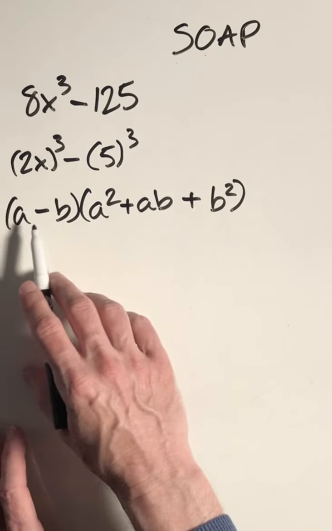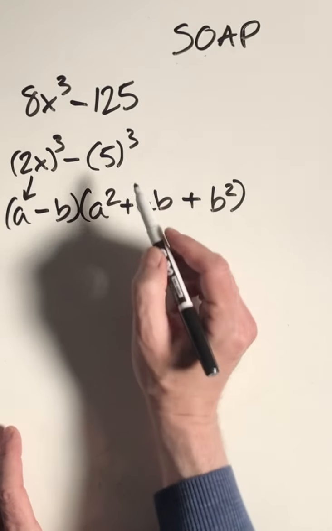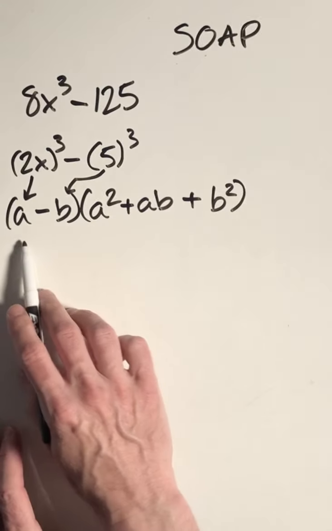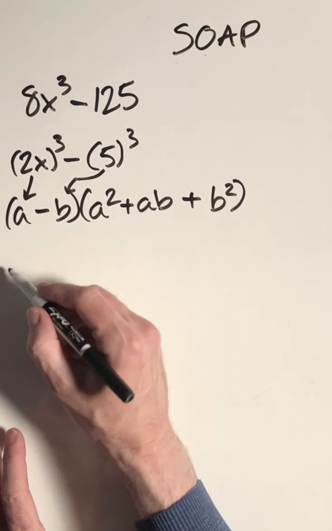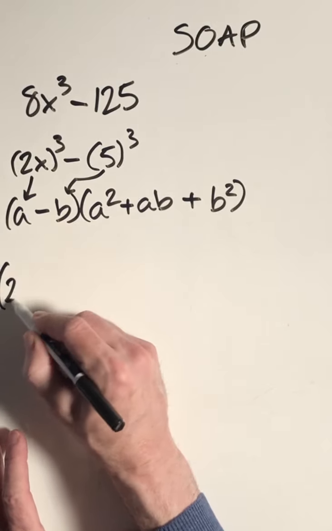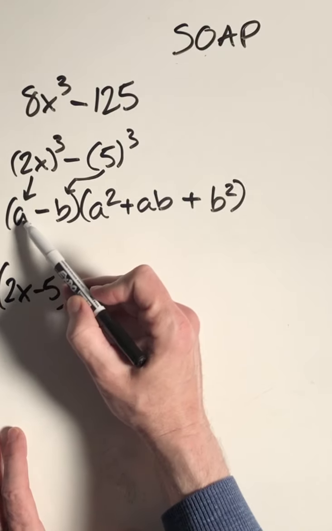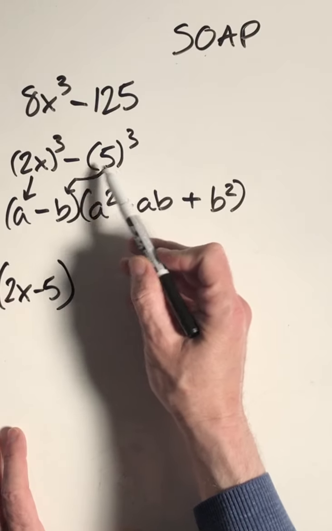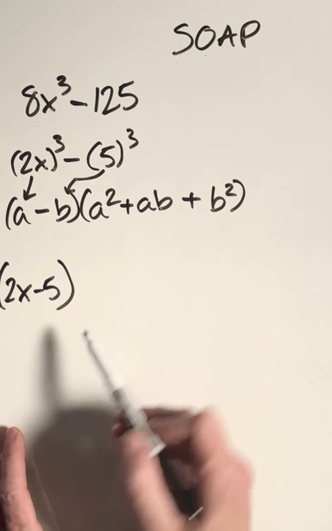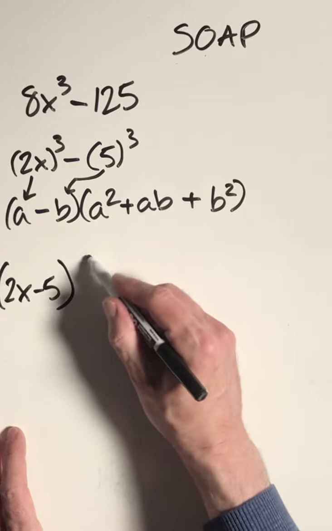So now I can input 2x as my a and 5 as my b into this structure. So first it's going to be 2x minus 5, because a is really 2x and b is 5, so a minus b would be 2x minus 5.